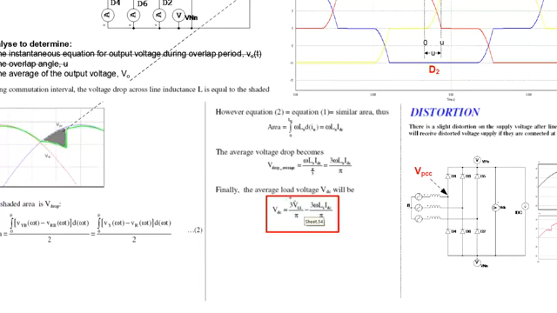As I mentioned earlier, this is the voltage equation without the source inductance, no Ls, and then you subtract the missing area here. That gives you the average load voltage VDC.